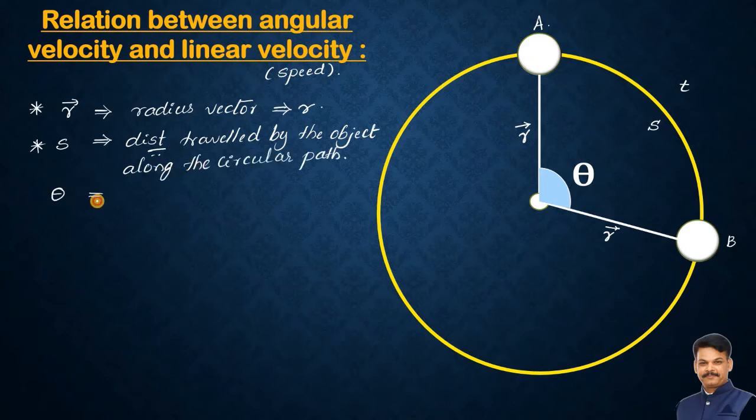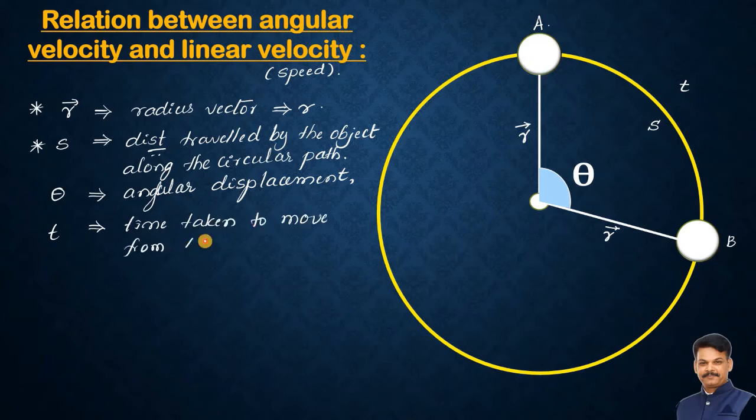Theta is the angular displacement made, and t is the time gap or time taken to move from A to B. These are all the basic pieces of information related to this particular concept.